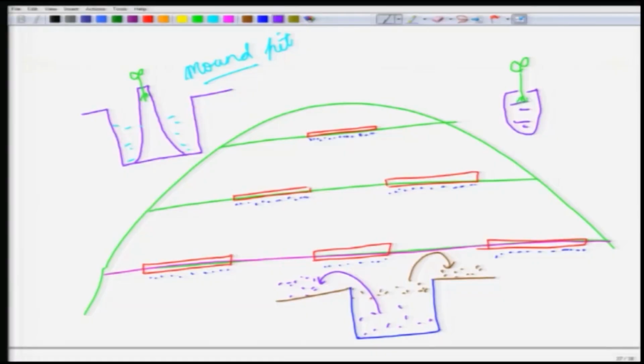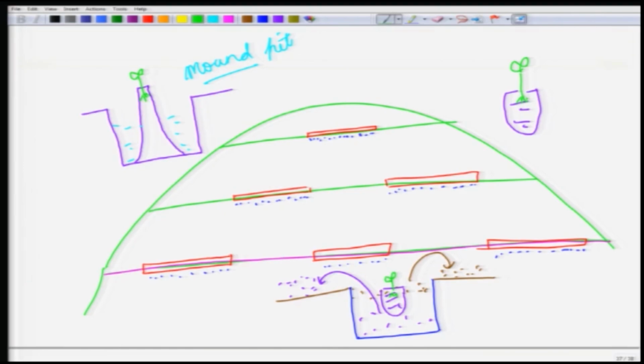Now, when you are digging a pit, the amount of soil that comes out and the amount of soil that you will be putting back in will be different, because later on when you are putting your plant like this, this much of the space has already been taken.